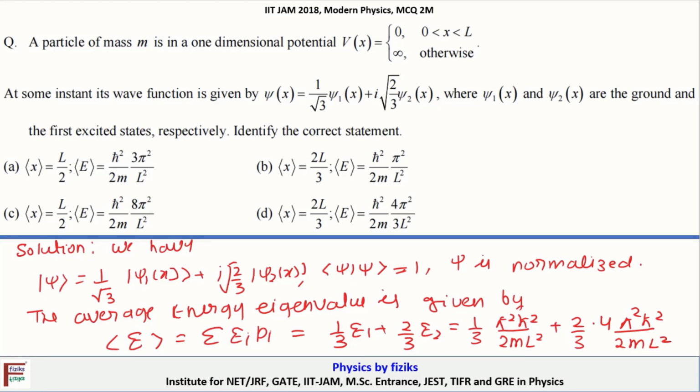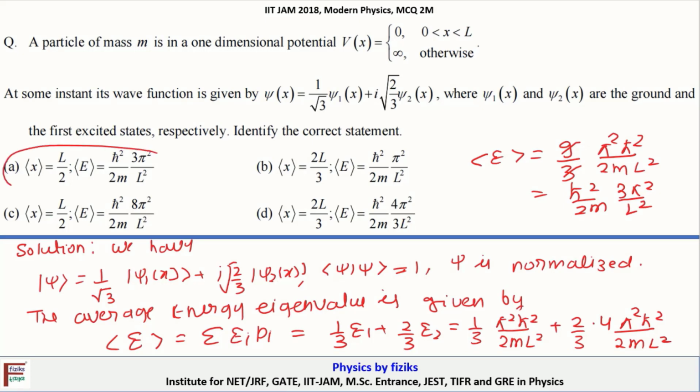So we would be having average E is equals to 9 by 3 pi square h square by 2 m l square. That means 3. So we can write h square by twice m into 3 pi square by l square. That means our option is correct for this problem.